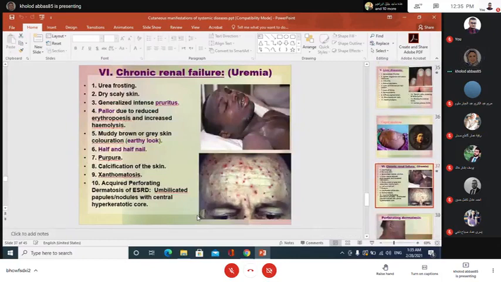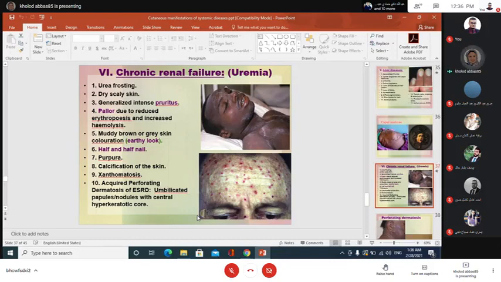Renal diseases, picture which may be related to uremia. We have urea frosting, dry scaly skin, generalized intense itching, pruritus, pallor due to reduced erythropoiesis and increased hemolysis, earthy look of the skin, muddy brown or gray skin discoloration, نسميها earthy skin, half and half nails, purpura, calcification, common problem, present with calcification, acquired perforating dermatosis of end-stage renal disease, نسميها acquired perforating dermatosis.